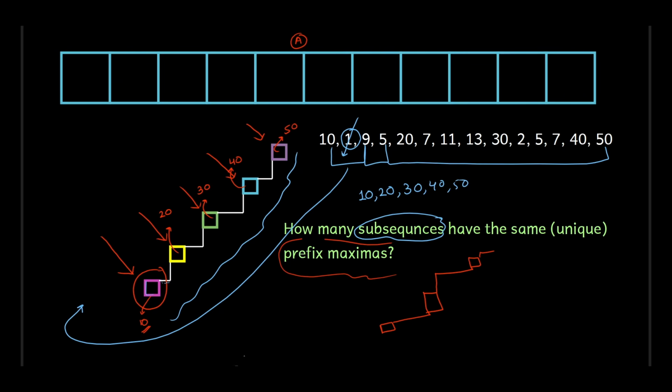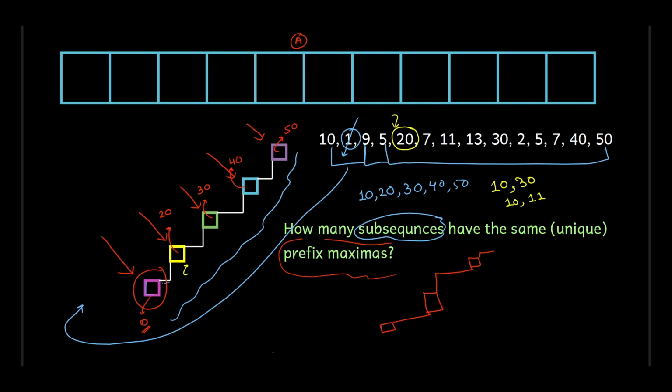But you can see that if you decide to leave out this 20 from your subsequence, then your prefix maxima jump will not be optimal. So it will create something like 10, 20, 10, and then it will go from 10 to 11, which is the wrong colored box that you have gotten over here.